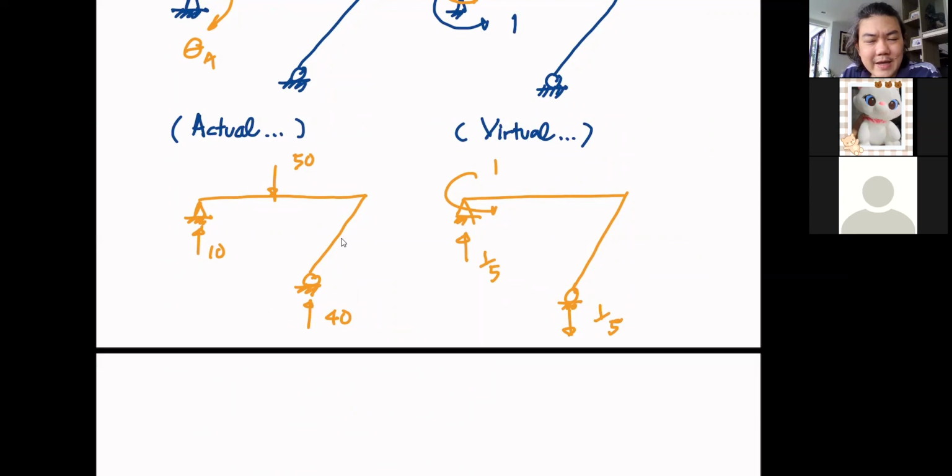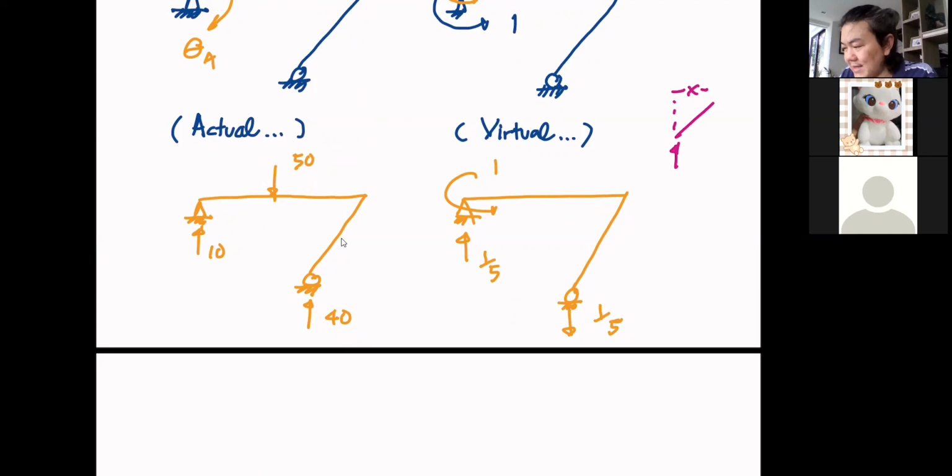I cannot vouch 100% for sure, but if you are going to use the moment equation like this and then use x like that, theoretically it's correct.